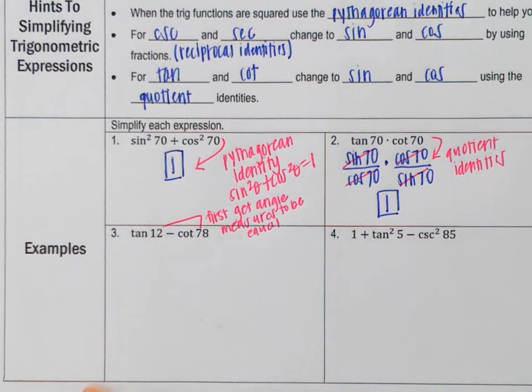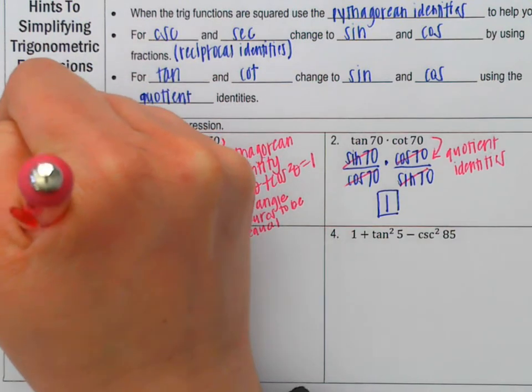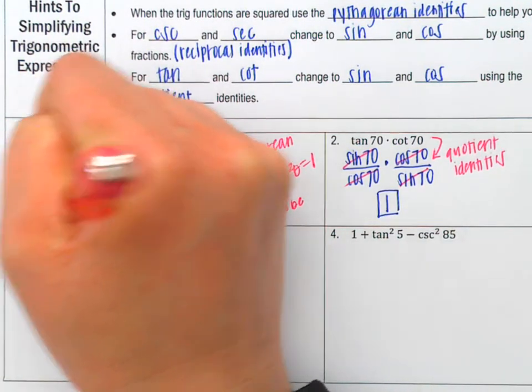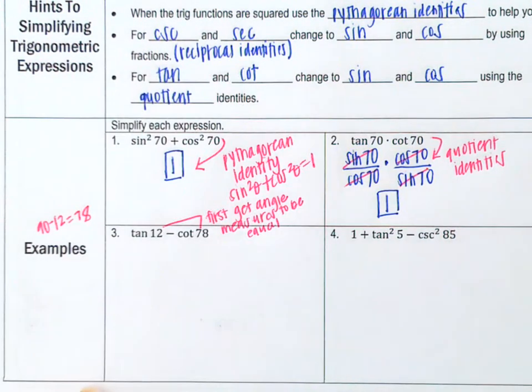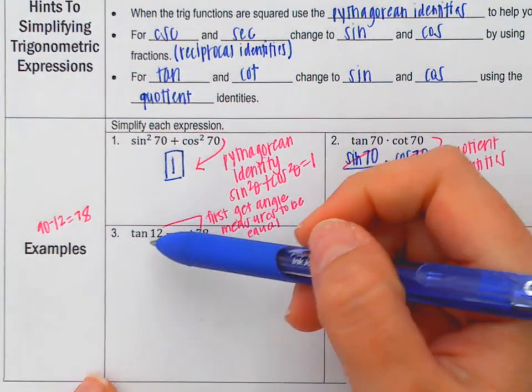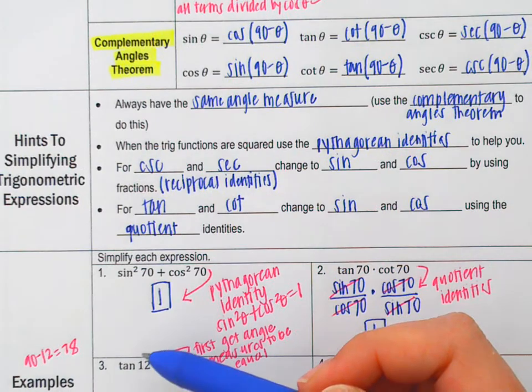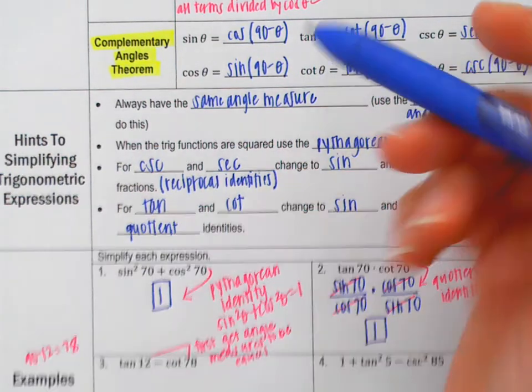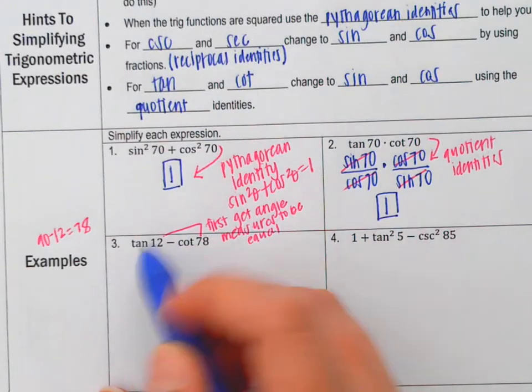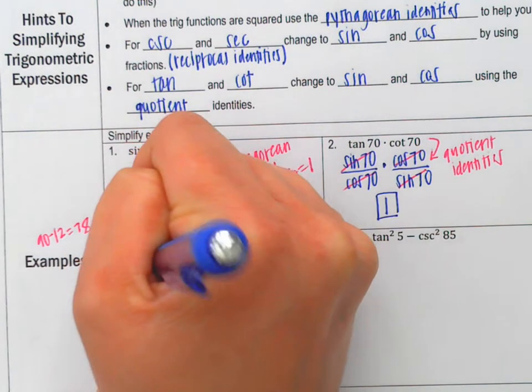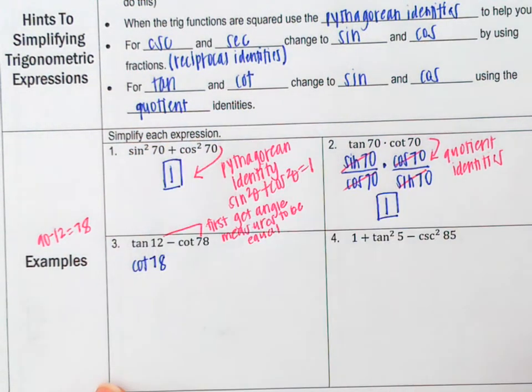So let's say we picked 12. We know that 90 minus 12 is 78. And so remember, if you look back up at your notes, the complement of tangent is cotangent. So we can rewrite tangent of 12 as cotangent of 78.